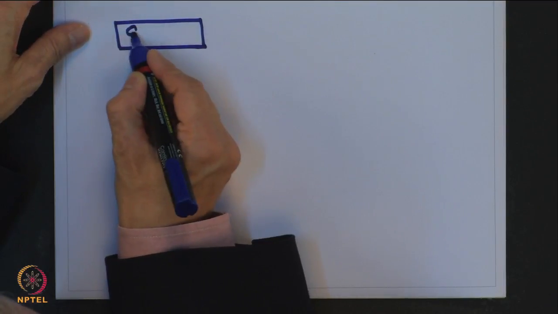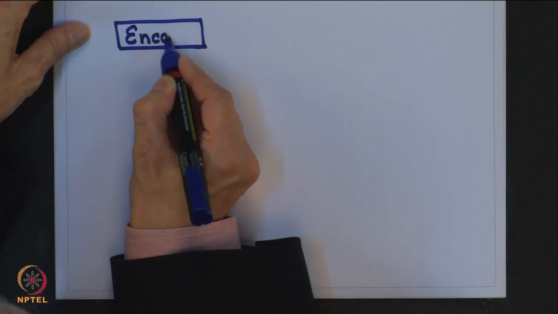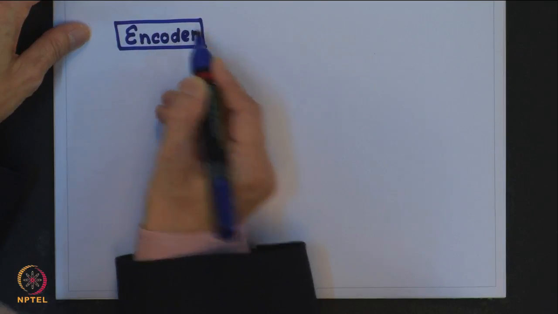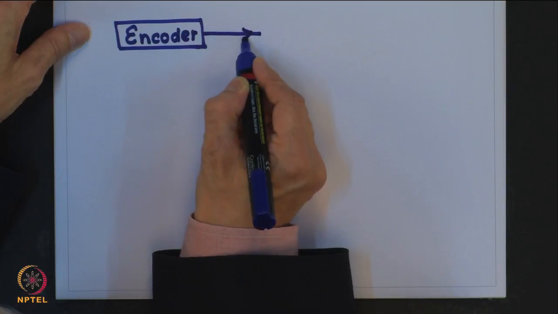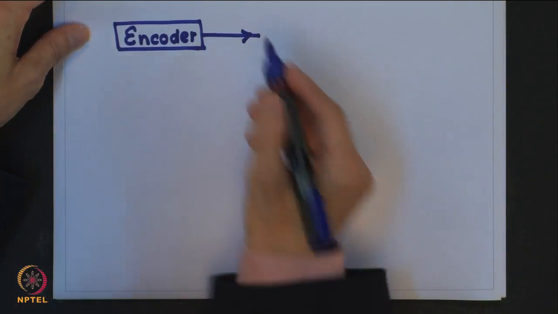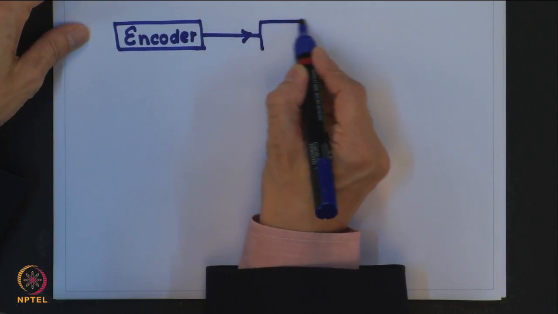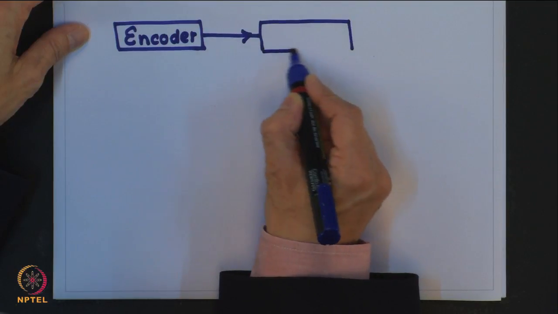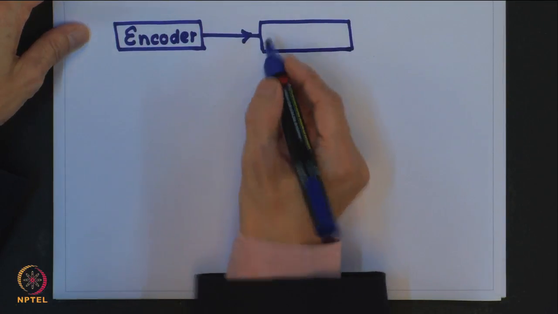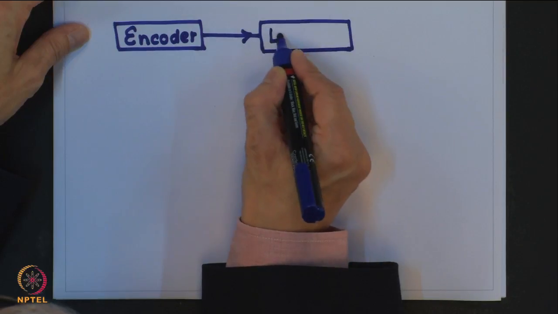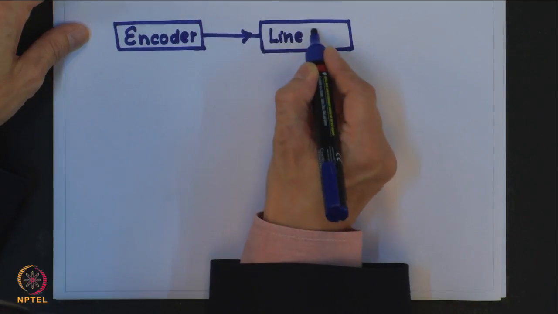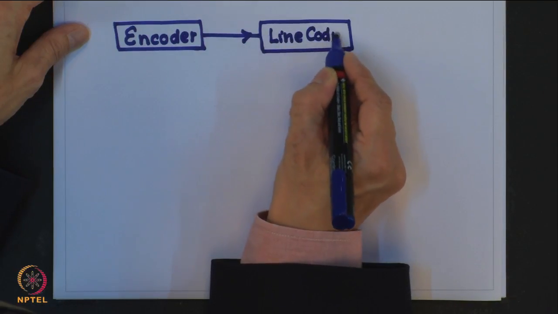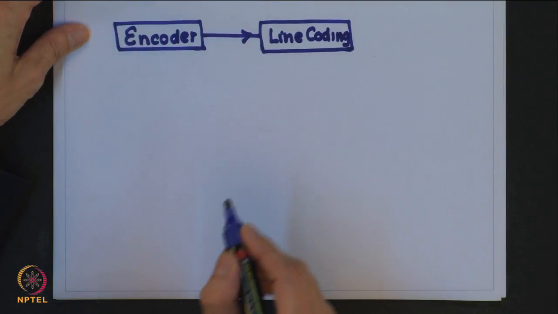So, we have the output of the encoder, which is a bit stream, and then this will be converted into electrical waveforms or pulses through the process of line coding.